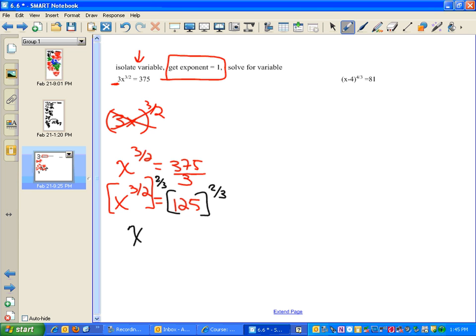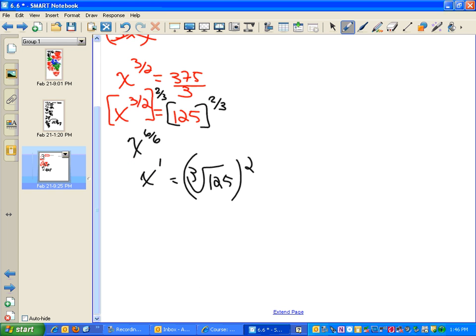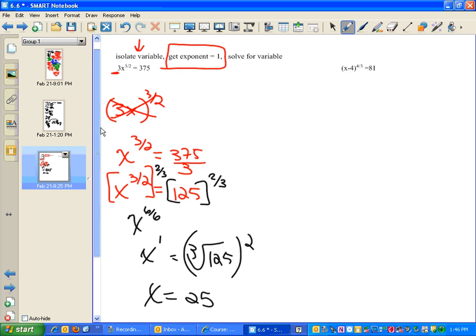So this is going to be x to the 6/6, which is really just x to the first. And then I'm taking the cubic root of 125 and squaring it, because that's what the 2/3 means, correct? So that means x is equal to 25. Cubic root of 125 is 5, and then we square it. No, these ones you don't have to check.